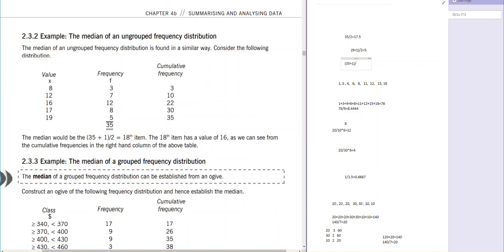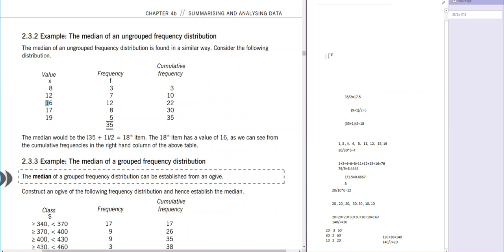So divided by 2 would give you the 18th unit as your midpoint. If you see here, we have 3 cumulative frequency, and then when we look at 7, cumulatively it becomes 10, and then if we add this 12, it becomes 22. So we know that 22 frequency is with 16, so 16 is our median.